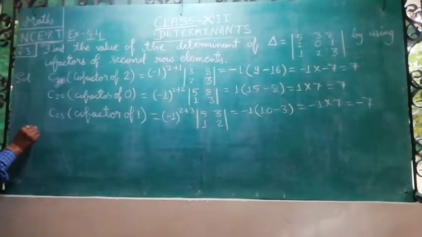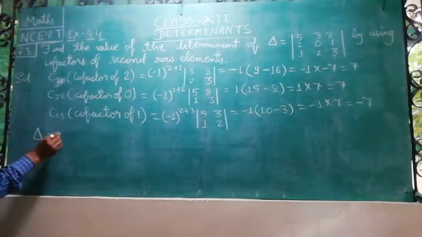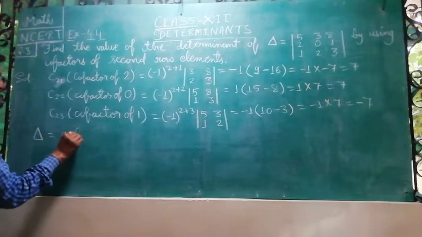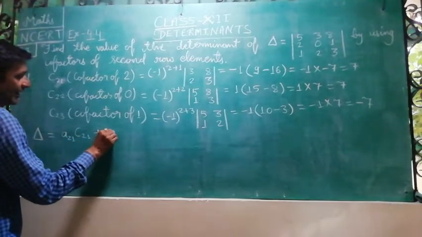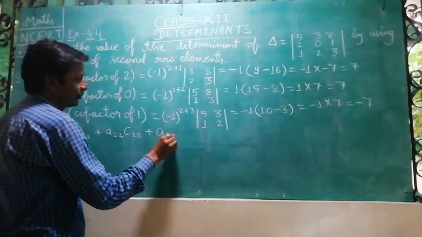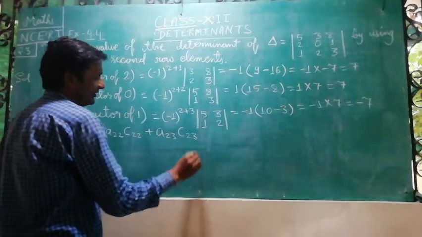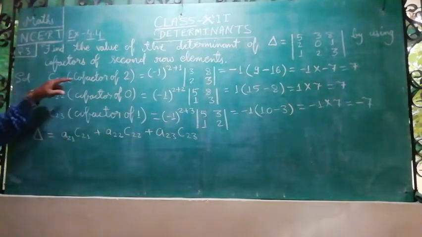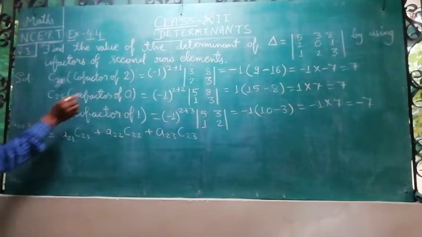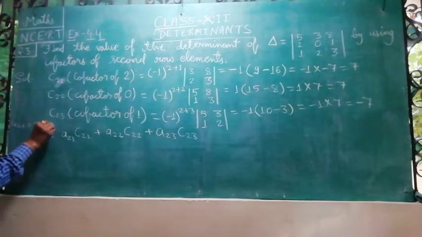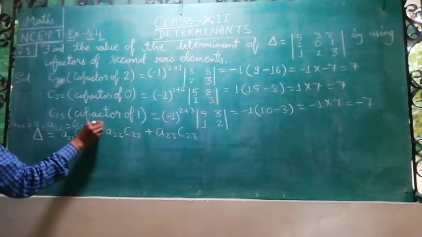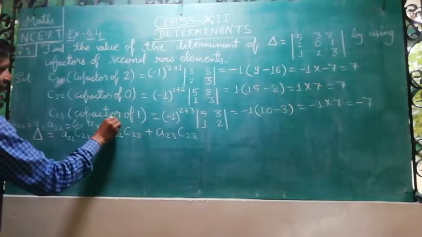Now see, determinant is equal to A21 C21 plus A22 C22 plus A23 C23. What is A21? A21 is this 2, this element. A22 is 0, and A23 is 1.